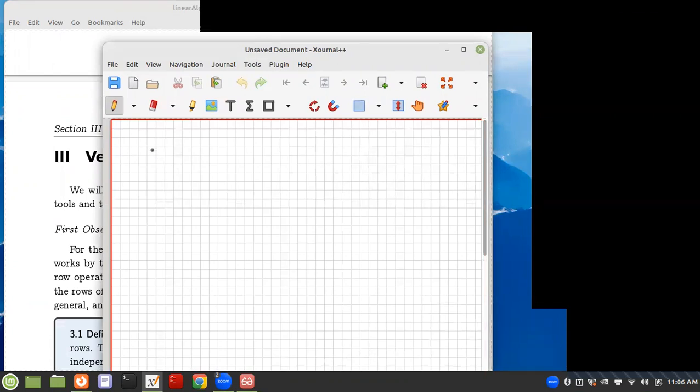Maybe the best thing to do is an example. Let's consider our vector space to be P2, the space of quadratic polynomials.